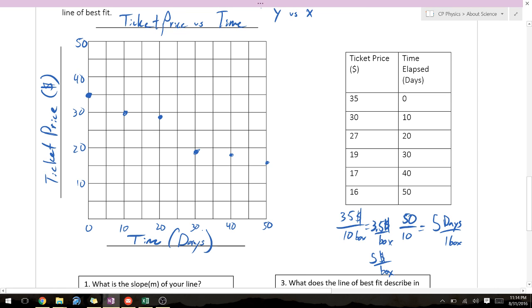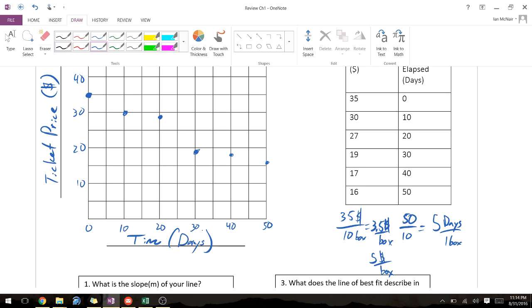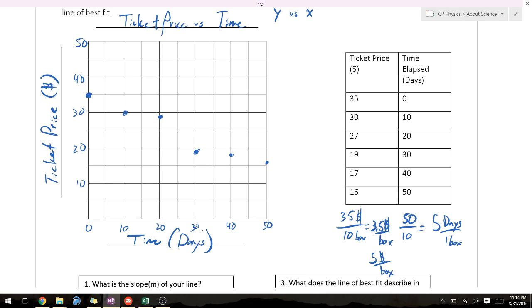Next, we want to draw our line of best fit. Our line of best fit is going to be something that balances out the rest of the points. If we pretend our points were little weights, we'd want to balance those weights out. We know that our starting point is, in fact, right here, so we want that to be in our line equation. So I'll draw a straight line here. I'm just going to drop this one anywhere because the formatting for these lines can be kind of weird sometimes.